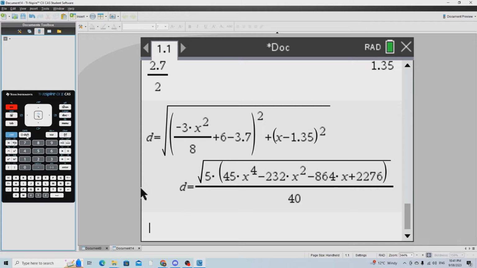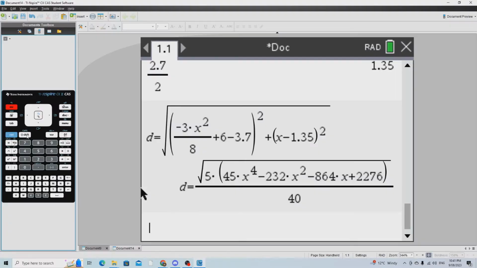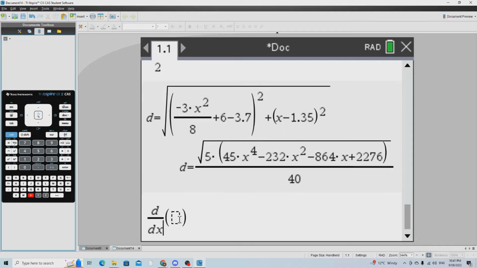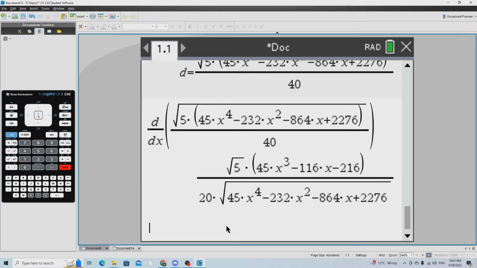Because it's 3 marks and we need to show working out. So let's say distance is d of x. So d dash of x is, so shift minus x, this whole thing over here is this.